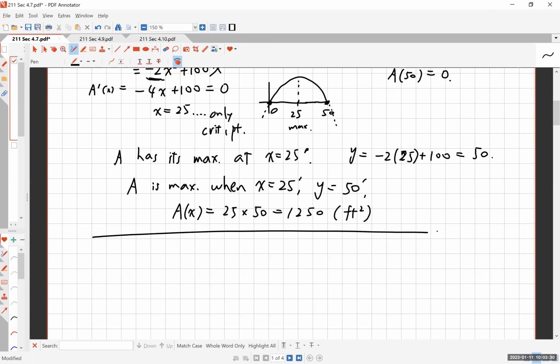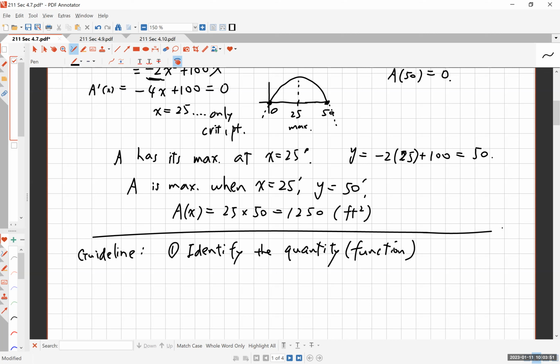All right, so that's pretty much what you have to do. So maybe I can just say a guideline. Number 1, identify the quantity or function. Now it's a quantity, but of course we use functions to represent quantities. So identify the quantity to maximize or minimize.